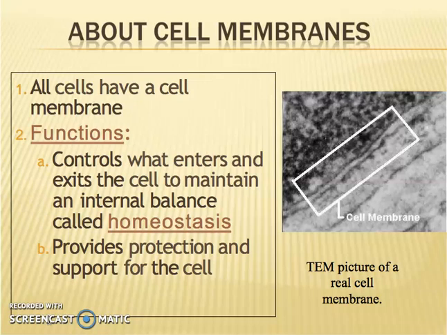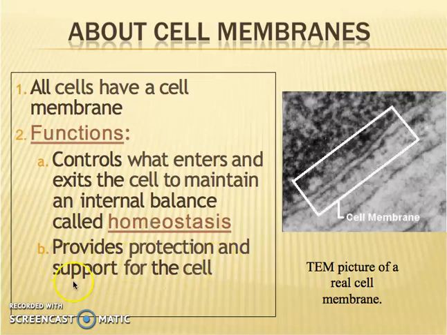So maintaining the balance of the environment inside the cell is called homeostasis. The cell membrane is responsible for homeostasis of the cell by letting in the material which is required and letting go of the material which is in excess or is harmful to the cell.